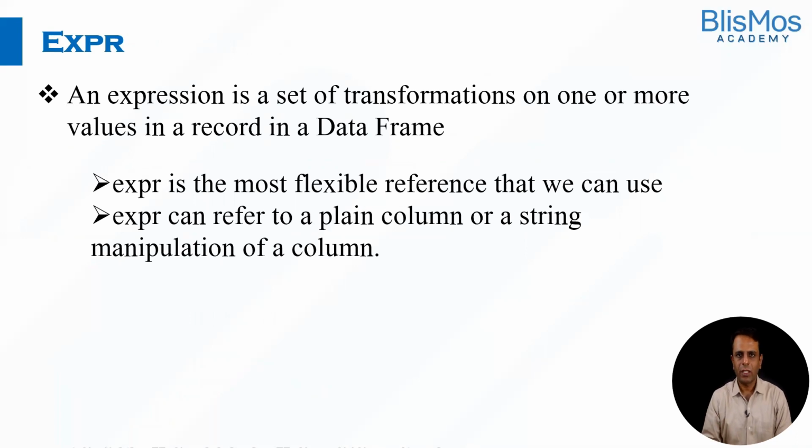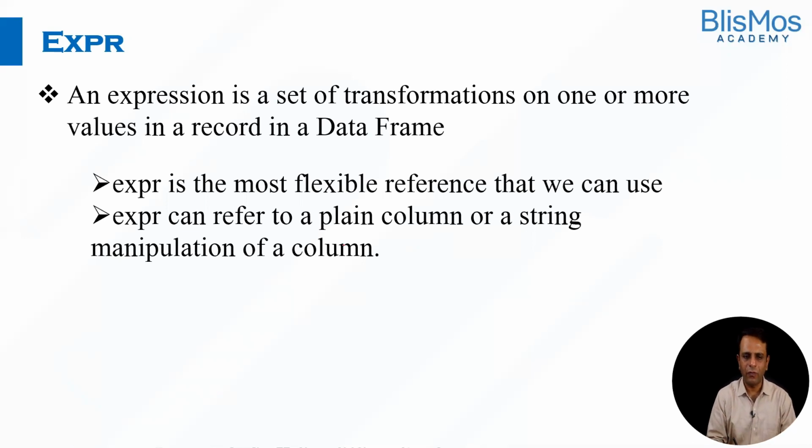As we understand, expressions are also very important to manipulate the columns. In the previous lecture, we understood expressions are nothing but a set of transformations on one or more records in a data frame. What are transformations? Transformations are a set of instructions to modify or manipulate the data frames. Now that we understood expression is a set of transformations, they are a very flexible reference that we can use to do some transformations.